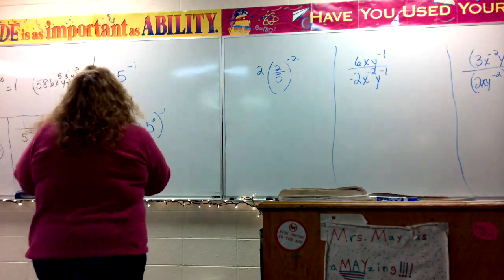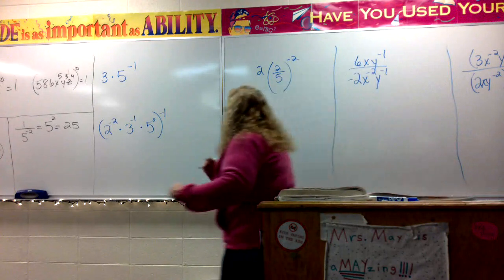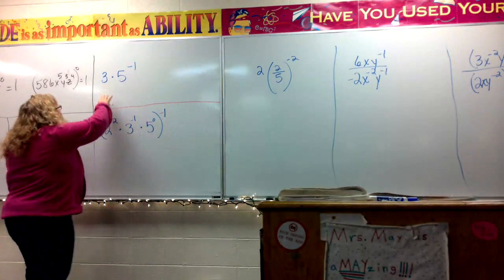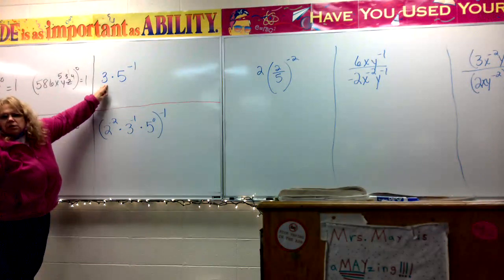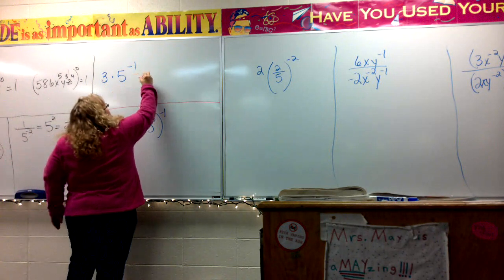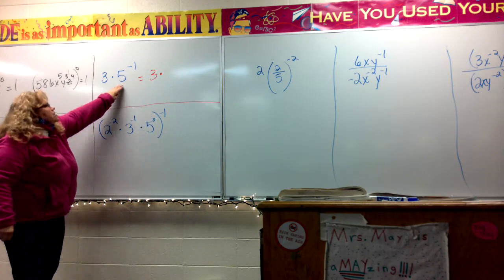So for instance, this one, what do you do to the 3? Say nothing. You leave it alone, right? It's just a regular old 3. But I have a 5 to the negative 1.